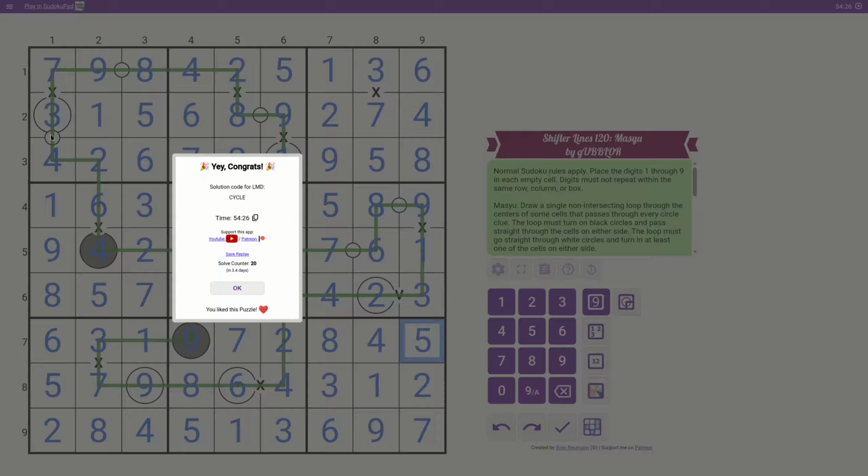But this one, unless I've missed something, was actually quite straightforward, as in I found it clear to figure out where the next turn should be, which is a good thing. What else? The 8 here, figuring out that this has to be an 8, was very, very nice as well. Right, I really enjoyed it.